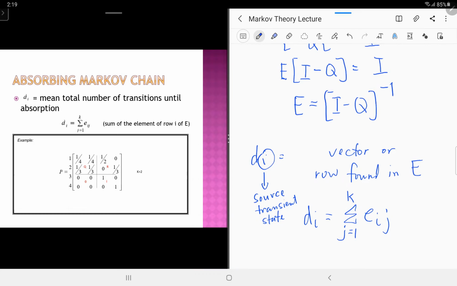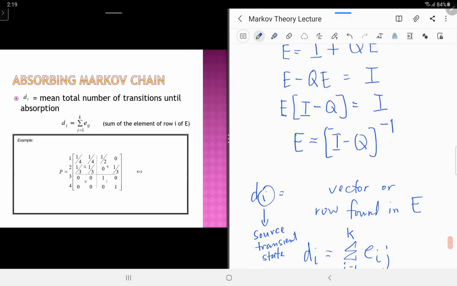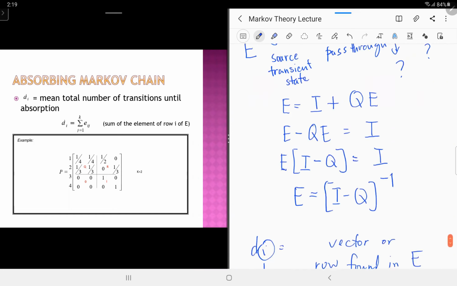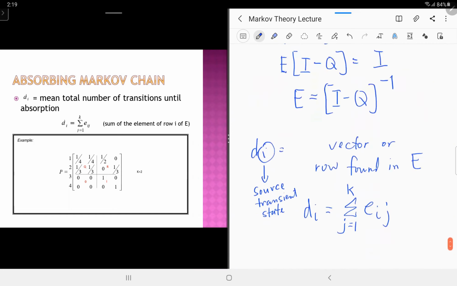If it's D1, then the formula is just the summation of E1J, which is exactly the first row. If it's D2, then it's all the E2s, and then you add the J's, 1, 2, and so on. So all the E2J's. So this is the formula, and I hope you understand the difference between DI and EIJ.